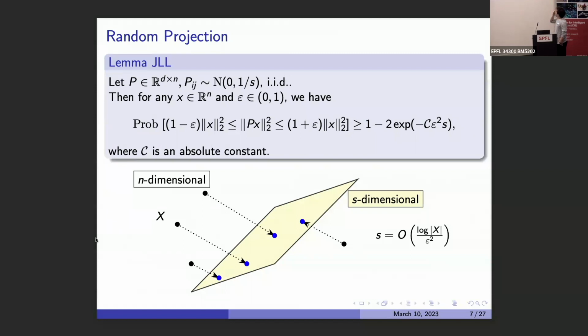This lemma was used a lot in machine learning because it says that if you have a bunch of points in a space of high dimension, you can project these points into a space of dimension proportional to the logarithm of the number of points. So it does not depend on the original dimension, and the distance is preserved. Why is it important?